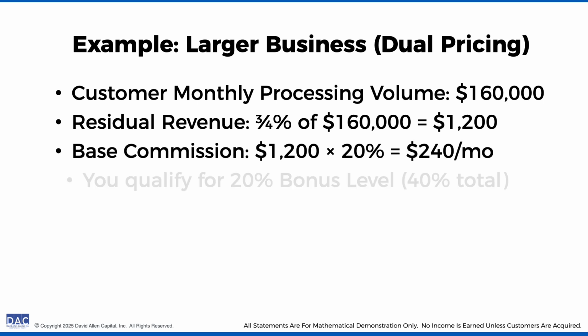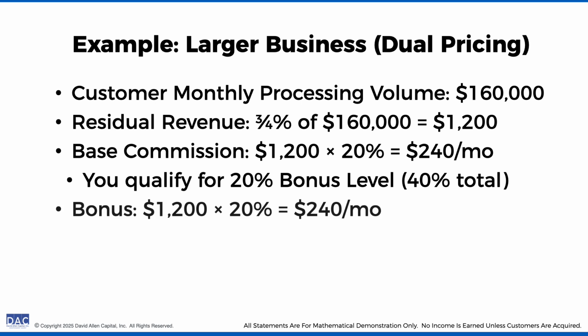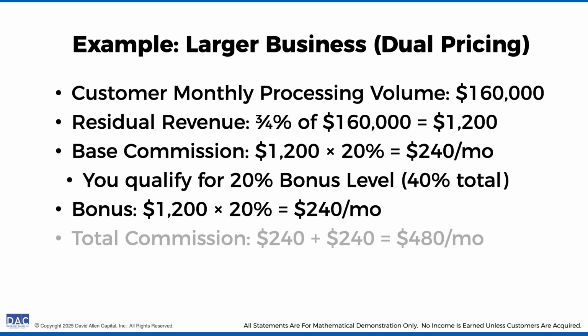But because you're over 1,000 residual revenue now, you'd get another 20% bonus. So you'd be at $1,200 times 20% bonus, $240, 40% total, you had the base commission at $240 plus the bonus at $240, $480, or 40% of that $1,200, right? So you'd be making $480 a month for signing up that one customer. It's over $5,000 per year.